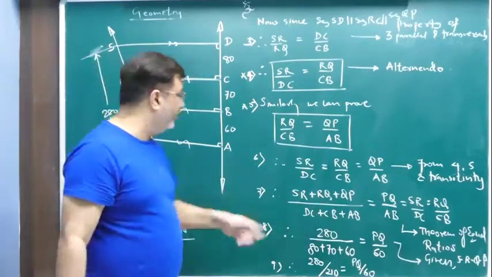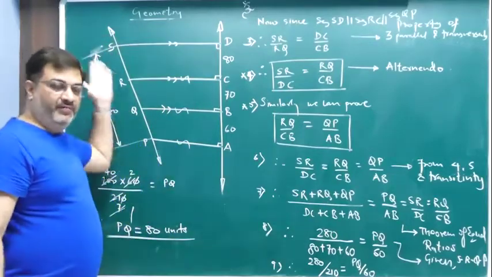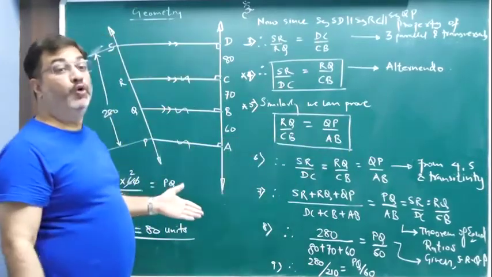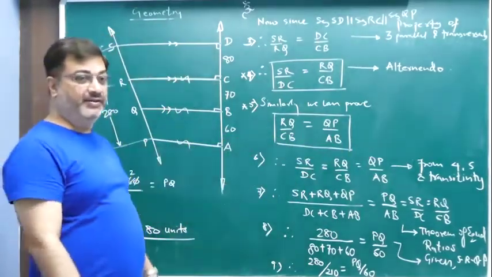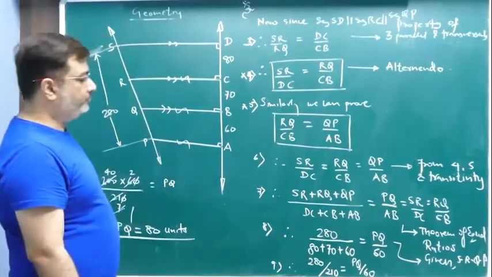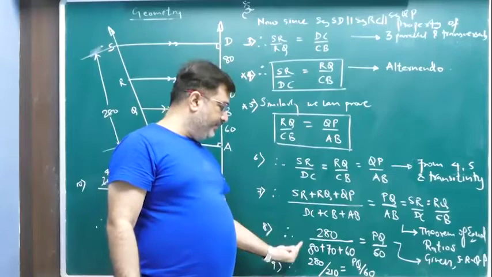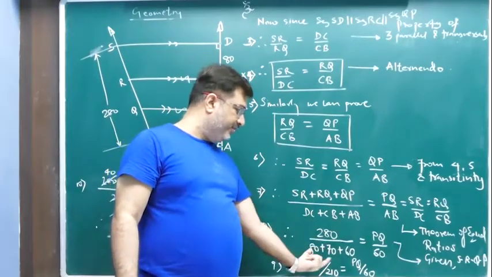So if you add all the 3, you will get SP. That is because they are collinear. So you have to write that S dash R dash Q dash P. Okay. Now what happens? This total is 280. DC is 80, this is 70, this is 60, so that comes here.